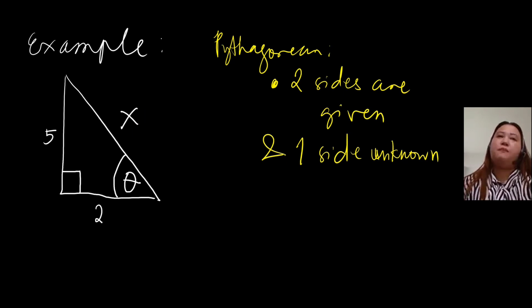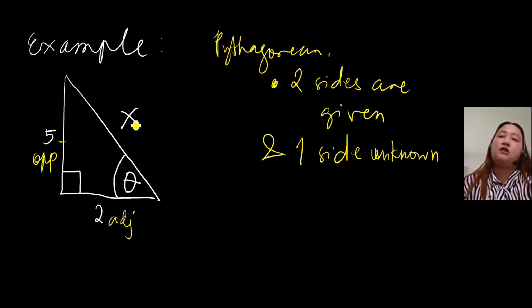the Pythagorean theorem. Before we apply the Pythagorean theorem, let us identify first the parts or the sides. Since this is the theta in this portion, opposite it is the 5. So this is our opposite. And beside it is 2, which is the adjacent.